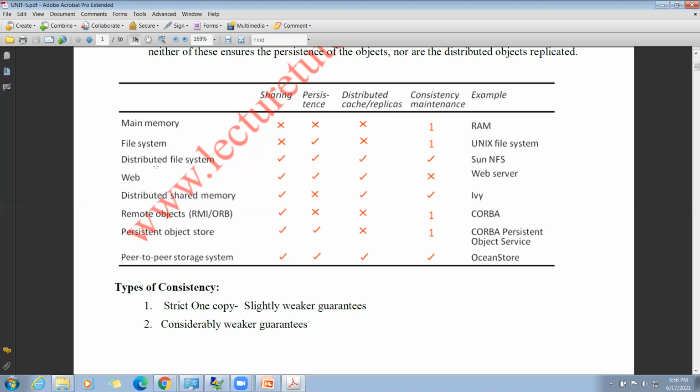In web, the sharing is possible, and for the remote objects, the sharing is possible, and the persistent object store where the objects are present, here also the sharing is possible. And last one is peer-to-peer storage system. In this system also the sharing is possible.